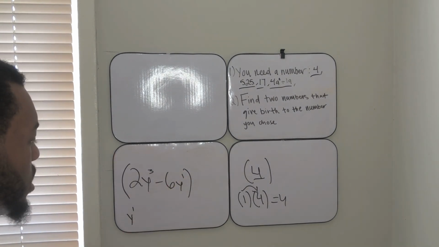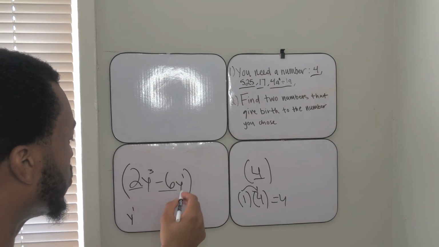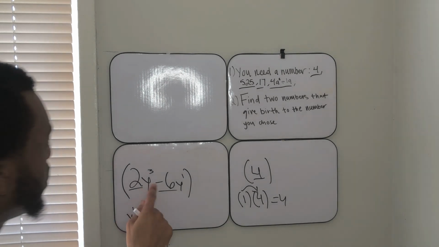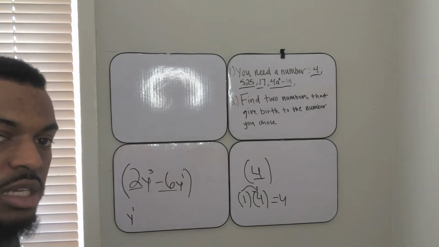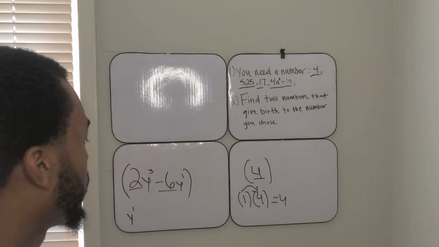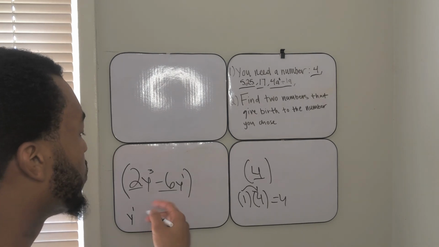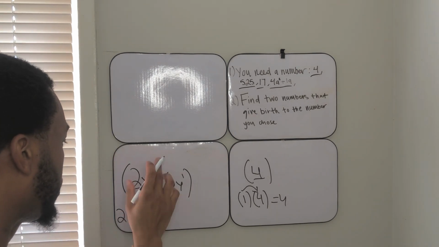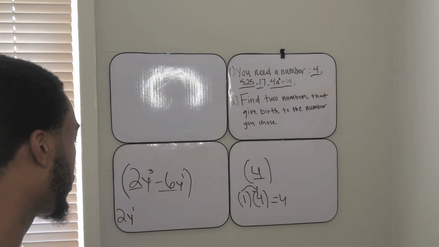So we can take out y to the first within the variables, but we can also take out this 2. This 2 and this 6, those are compatible numbers, so we can divide both of them by 2. We can divide this term by 2 and we can divide this term by 2.